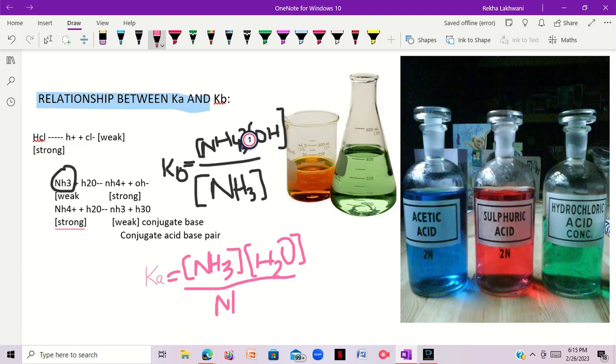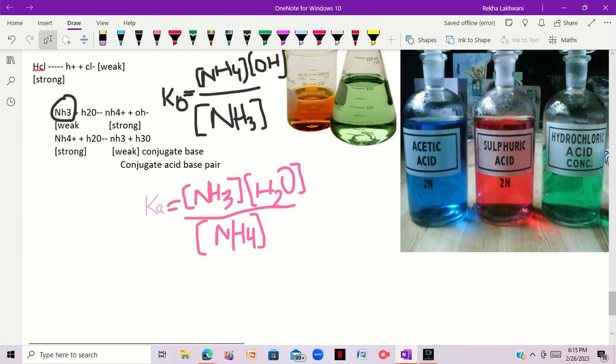So when we multiply these two equations, this ammonia will be cancelled. Over here this ammonium will also be cancelled. So what will basically be left?